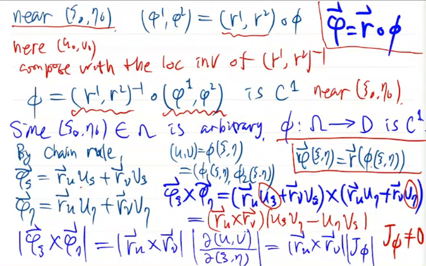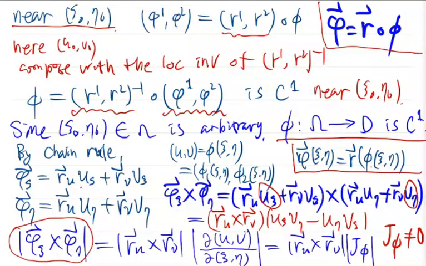This is not zero because if the Jacobian determinant were zero, then the norm of the cross product of phi_η and phi_ξ would be zero. But this is not zero because phi is a parametrization of our surface. By the requirement of parametrization, this cross product is always non-zero. So J phi is not zero.